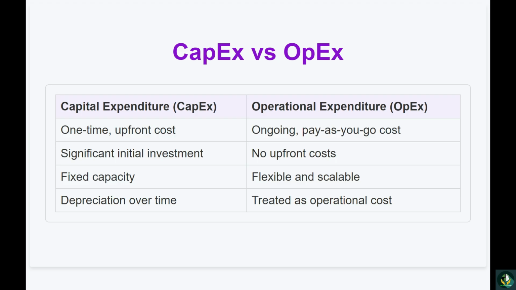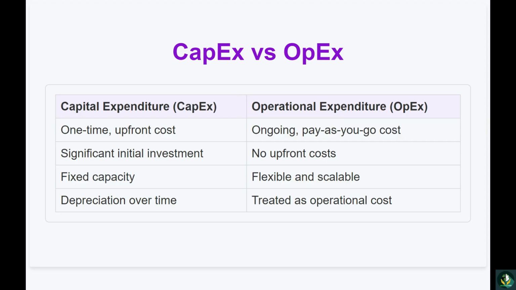The OpEx model, exemplified by cloud services, offers several advantages. It provides greater flexibility, allowing businesses to scale resources up or down based on actual needs. This agility is particularly valuable in dynamic business environments or for companies experiencing rapid growth.